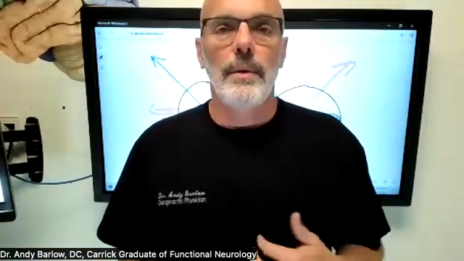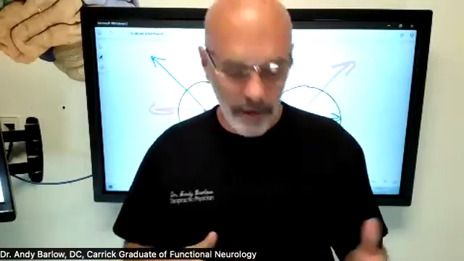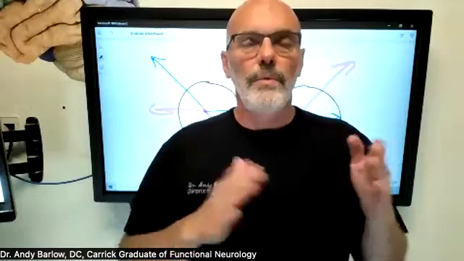Now, the next thing we're going to do for our Rombergs is the tandem Romberg. If you think of this, we're going to put our right foot in front of our left foot, heel to toe. When you have your left foot in the back, think of it like you're going to raise your right leg 90 degrees.